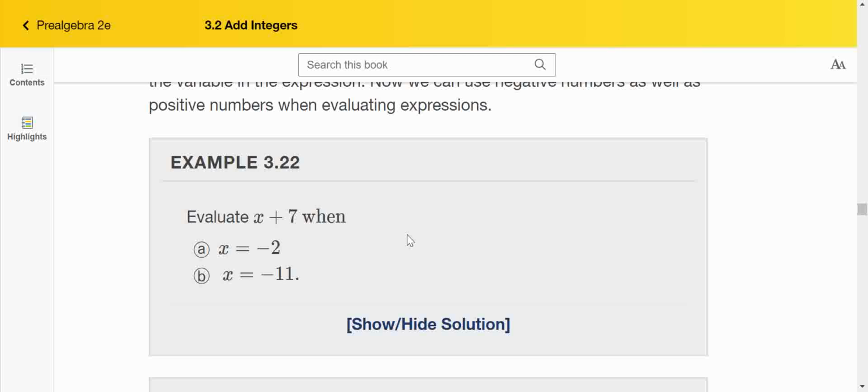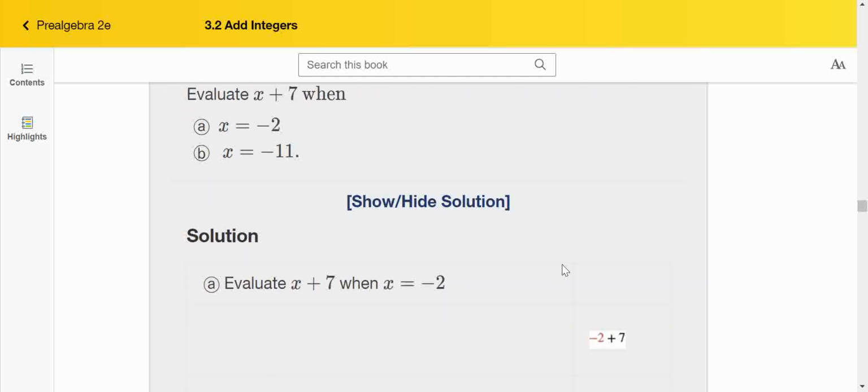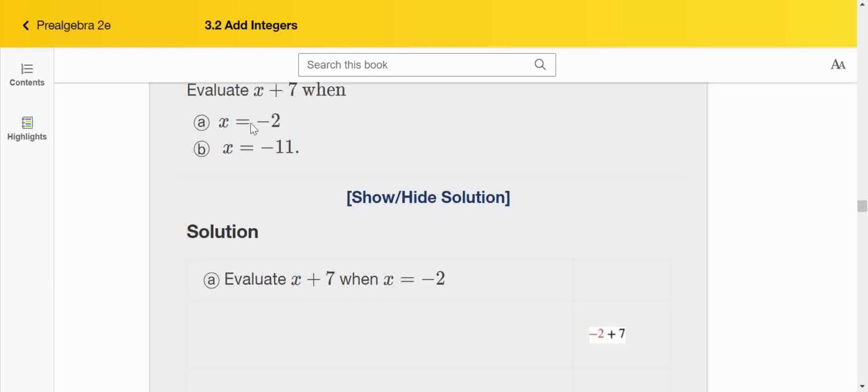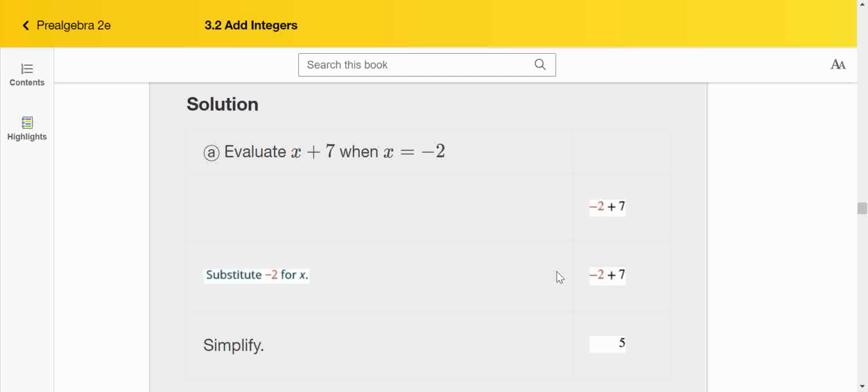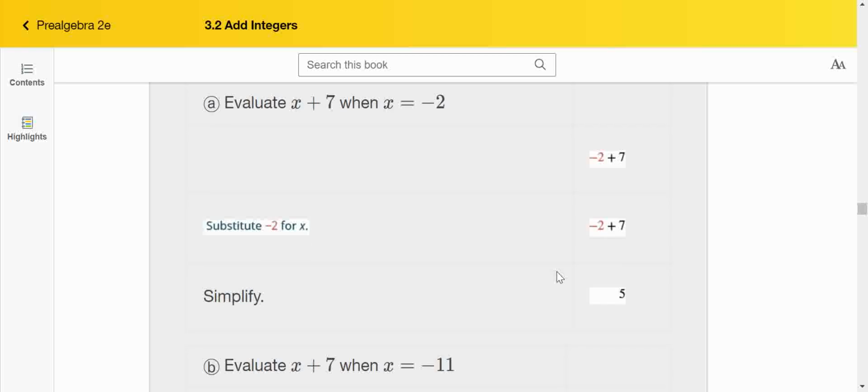B, x is equal to minus 11. A, evaluate x plus 7 when x is equal to minus 2. What we do is we substitute everywhere we see an x, we substitute in minus 2. So you have that here, minus 2 plus 7. Minus 2 plus 7 simplifies to 5.